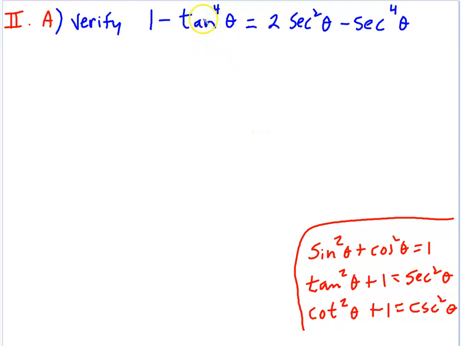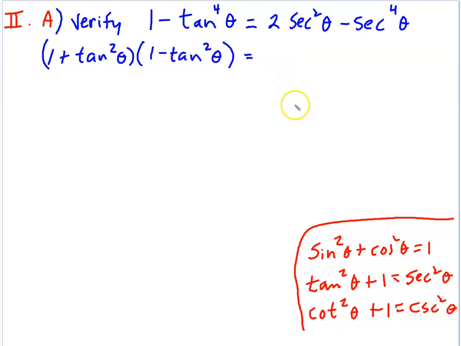All right, so actually on these, I'm going to be working on both sides to try to make them agree. I'm going to do some factoring, because on the left side, I notice that this is the difference between two squares. Okay, and then I can factor on the right side as well, factor out secant squared as a GCF.